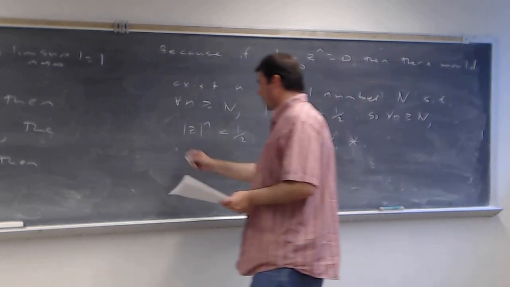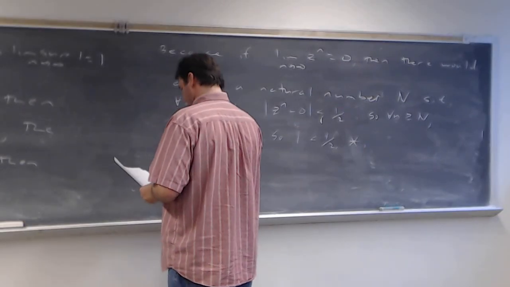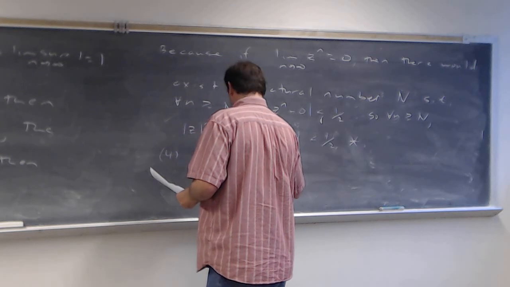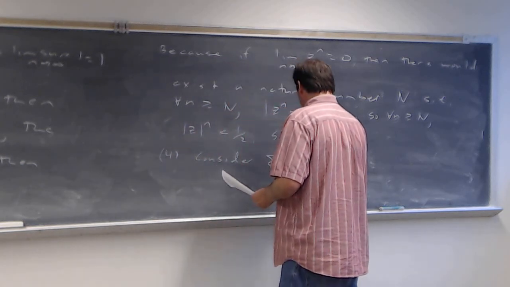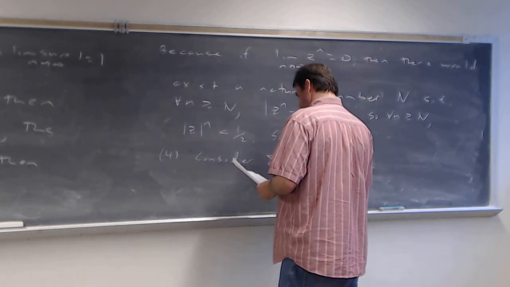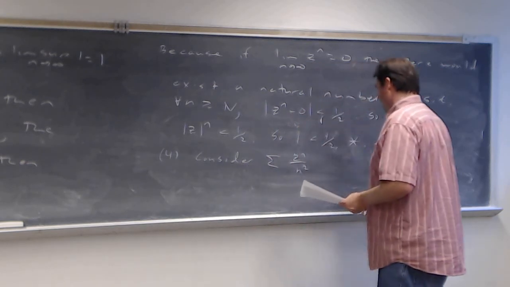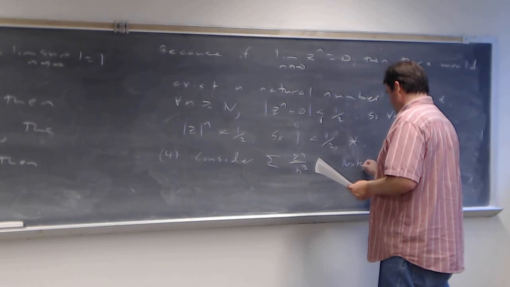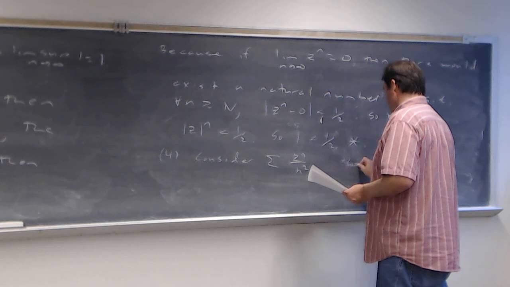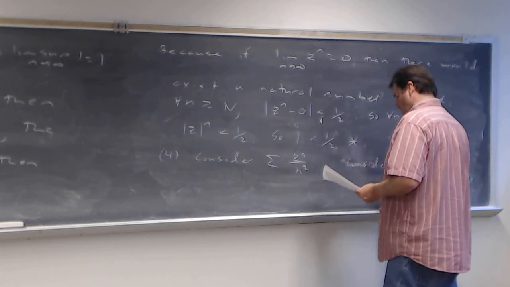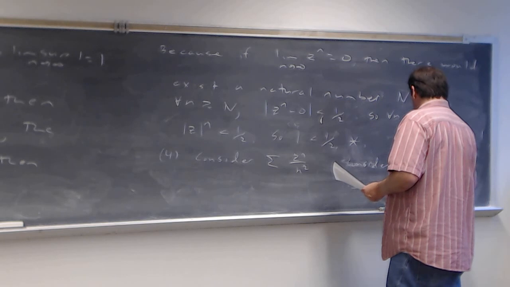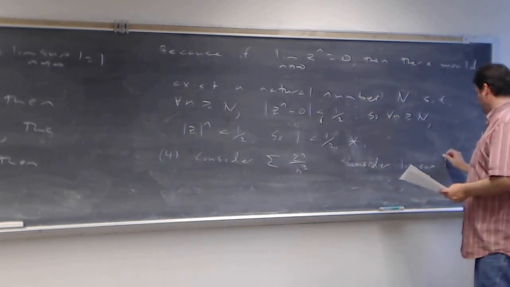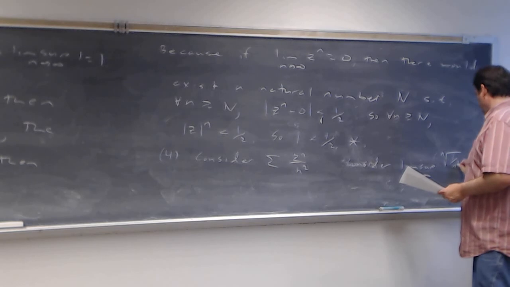Okay, so the fourth example I'd like to look at is we'll consider the sum of z to the n over n squared. And in particular, we'll consider the limsup as n goes to infinity of the nth root of 1 over n squared.